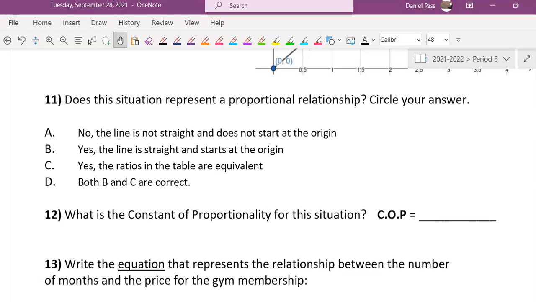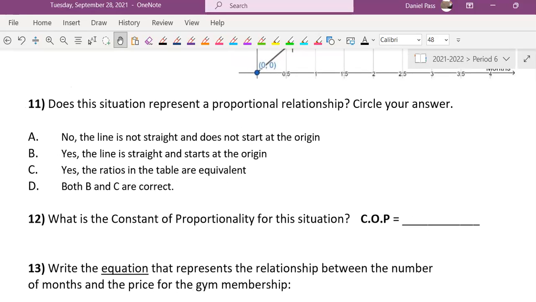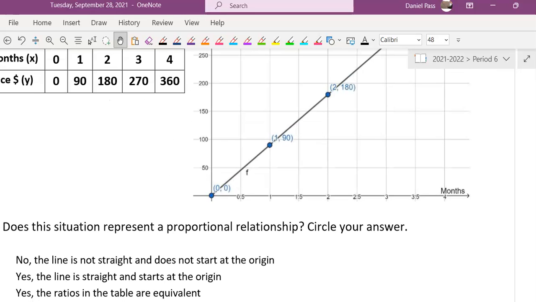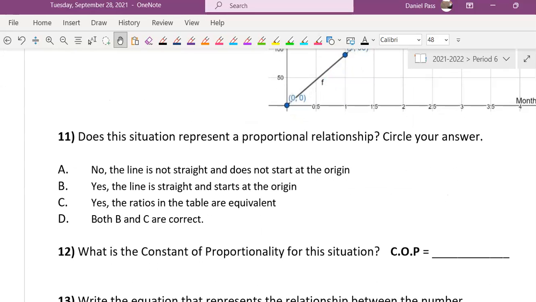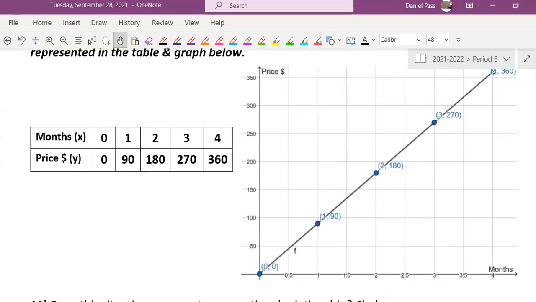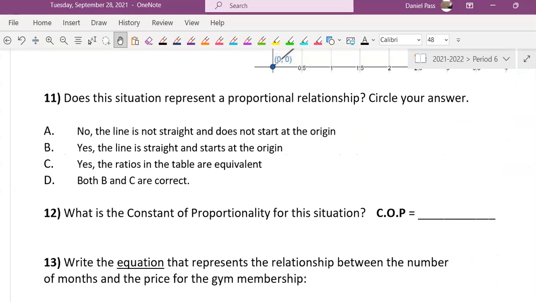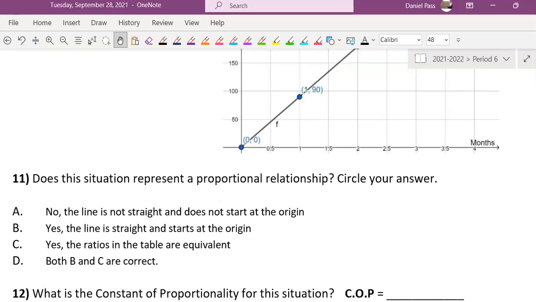All right. So this one's actually a little tricky. So we're going to look really closely. So it is a proportional relationship. So let's read B. Yes, the line's straight and starts at the origin. So is everything true there in B? Yes. How about C? Yes, the ratios in the table are equivalent.